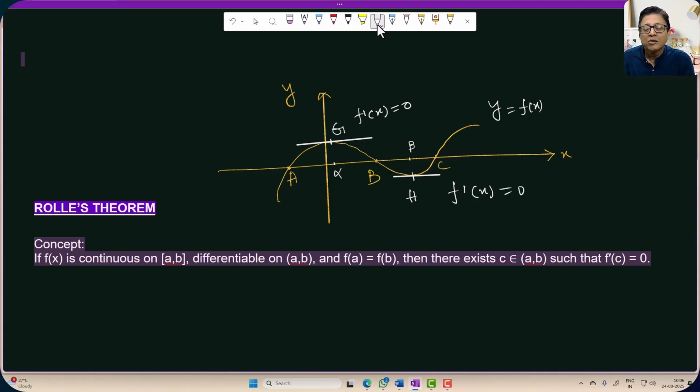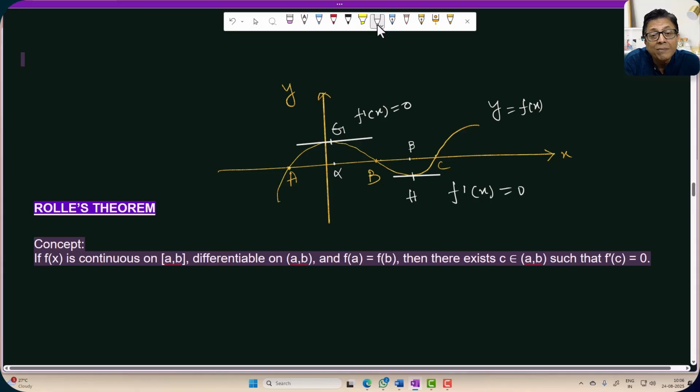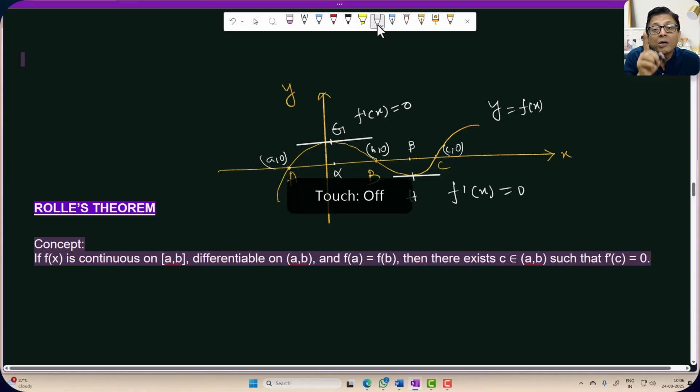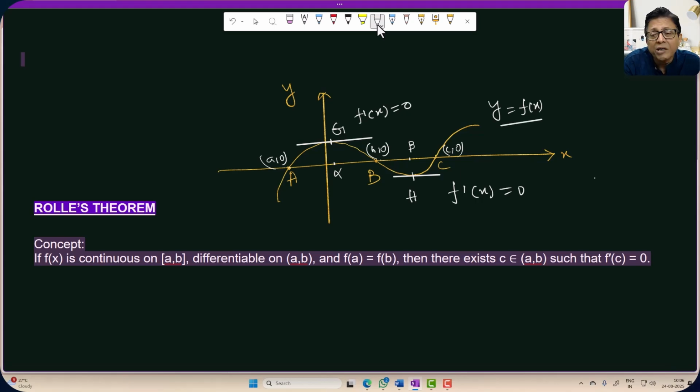So you got a root between A and B. If this point has coordinates A,0, this one B,0, this one C,0, you got a root at alpha. Whose root? Not of the given polynomial, it is a root of f dash x. We got f dash alpha equal to 0, and f dash beta is also 0.